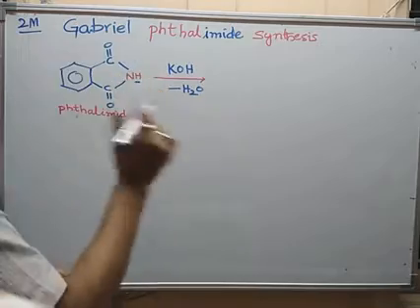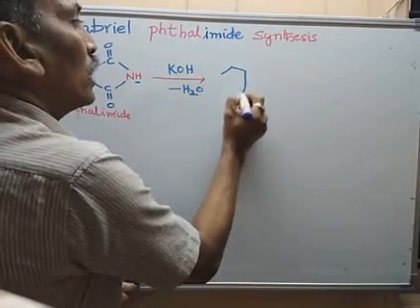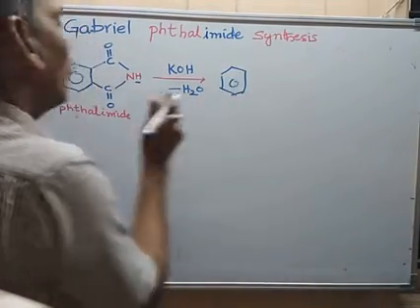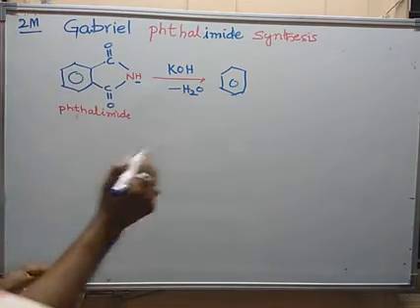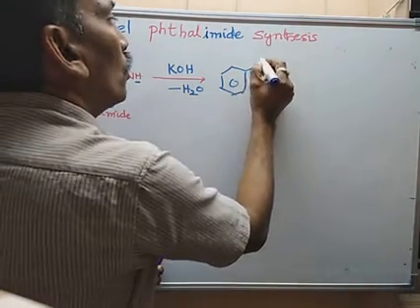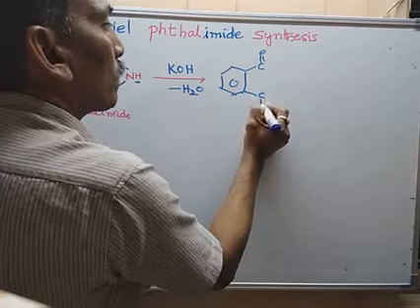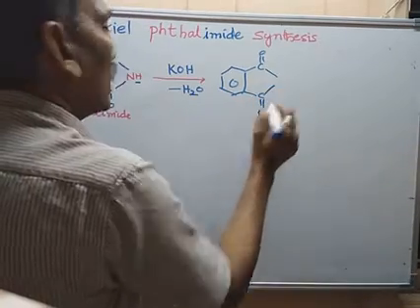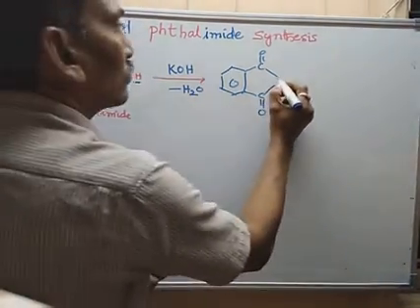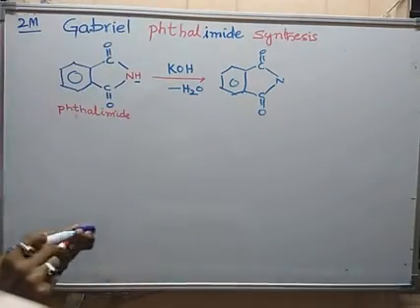KOH. K is substituted here, and what are you doing? Copying part of the reactant. CO as it is, N as it is. What is the change?